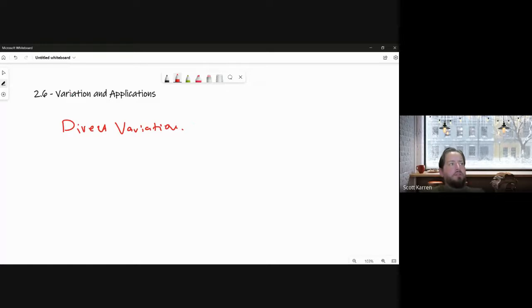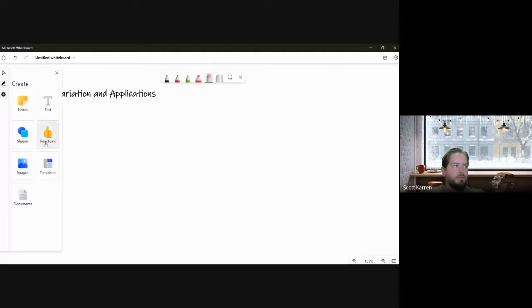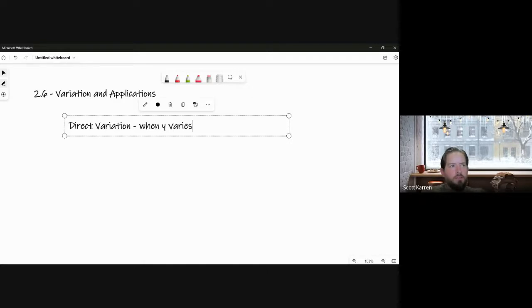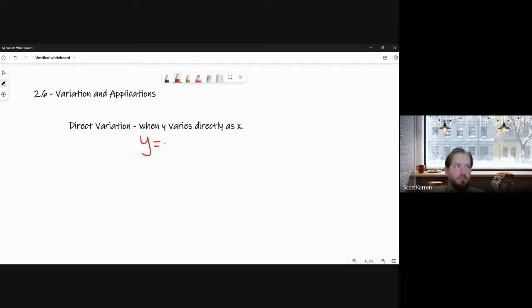And direct variation is when y varies, essentially, I mean, it's silly to use directly in the definition, but directly as x does, right? So you'll see things like that. Y varies directly with x or varies directly as x. But that means that y is just some multiple of x.